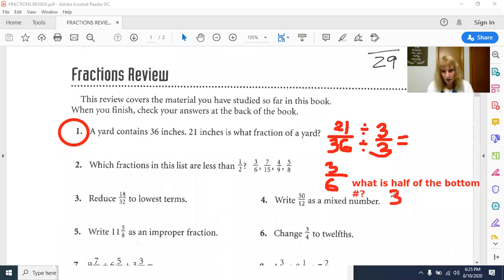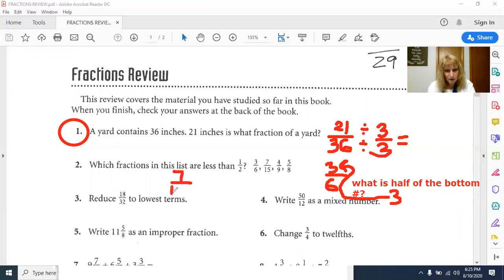Then we compare the 3 to the numerator. If the numerator is exactly 3, then we have exactly 1/2. If the numerator is more than 3, then we have a fraction that's bigger than 1/2. So that's what you're looking for. You want to find numbers that are less than 3, because that would mean it's less than 1/2. So let's look at 7/15.